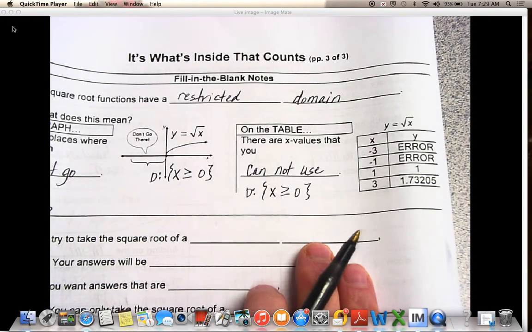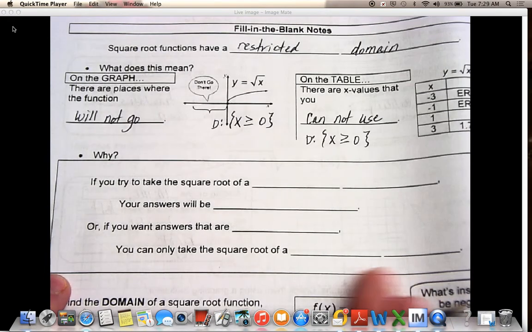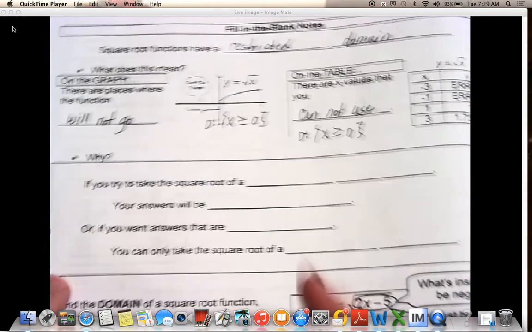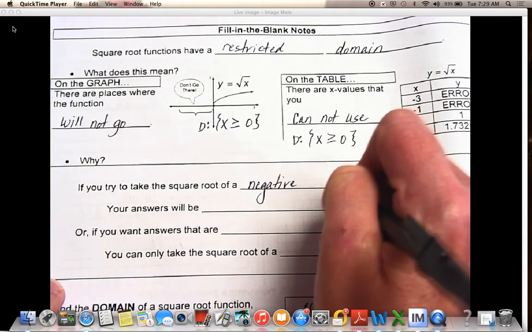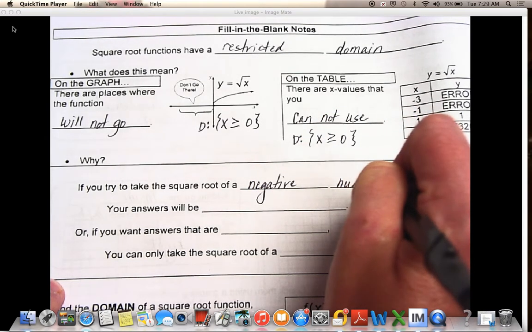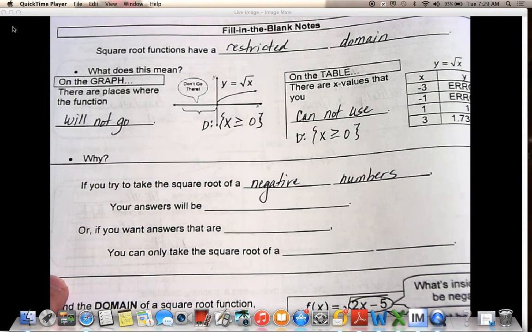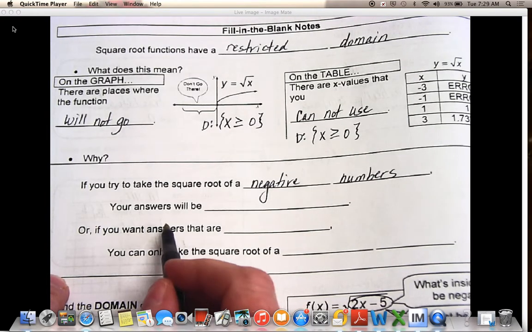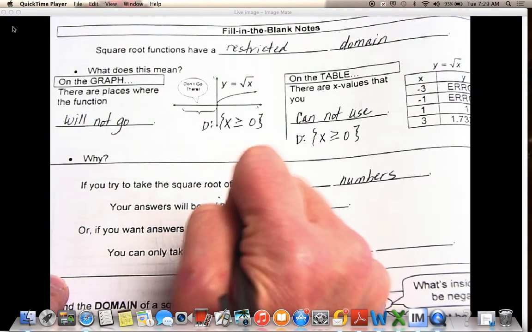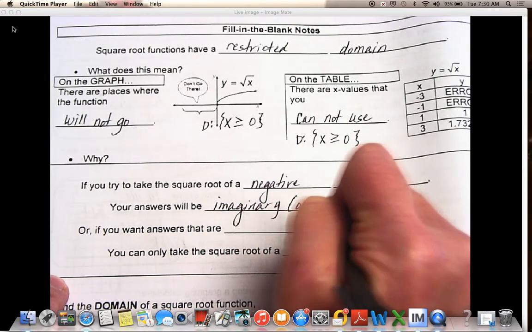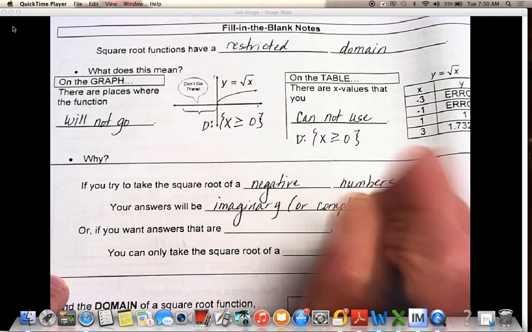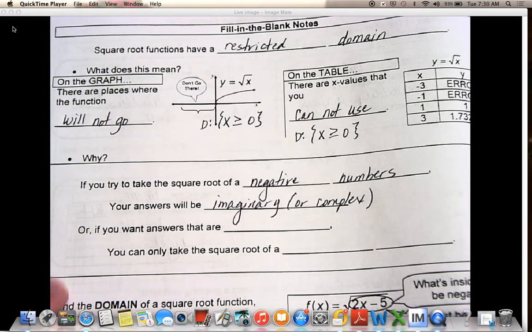The reason this occurs, the reason we have a restricted domain, is because of taking the square root of negative numbers. If we try to take the square root of negative numbers, you know that your answers are going to be what we refer to as imaginary, or we might use the word complex, but not real numbers, not numbers that we can find on the number line.